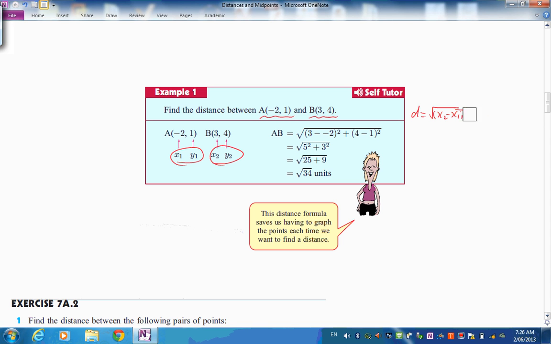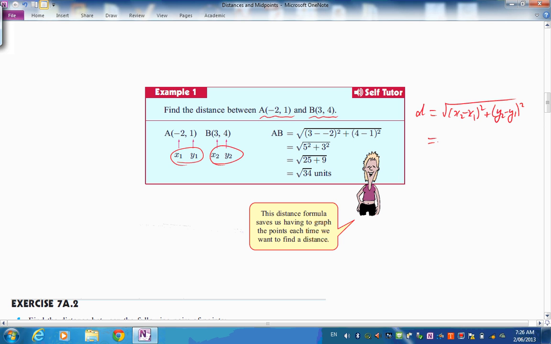Let's just tidy this up a bit. So I'd put the formula: x2 take x1 squared plus y2 take y1 squared. So that's the x step squared, the y step squared, and using Pythagoras, of course. So I think I would do that and then start doing your working as I have here.